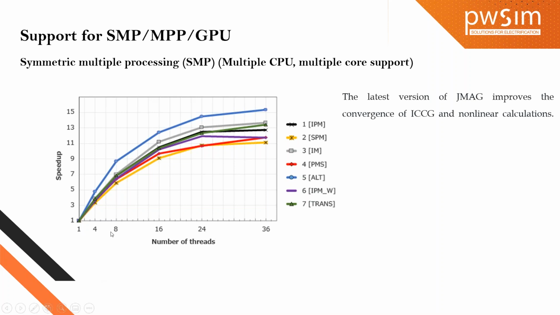With the addition of each PA2, up to 36 cores, the solver speed will increase as shown in this graph for the 7 different machines. The latest version of JMAG improves the convergence of ICCG and nonlinear calculations with respect to increasing the number of threads while increasing the speed-up.